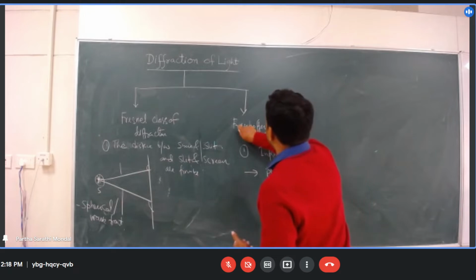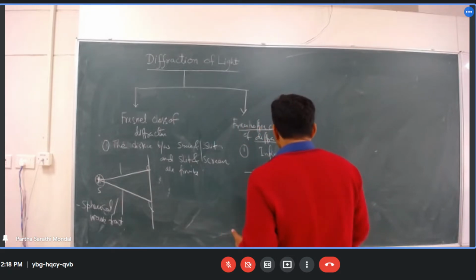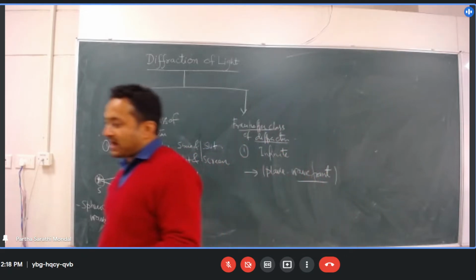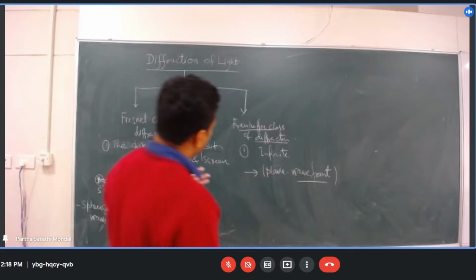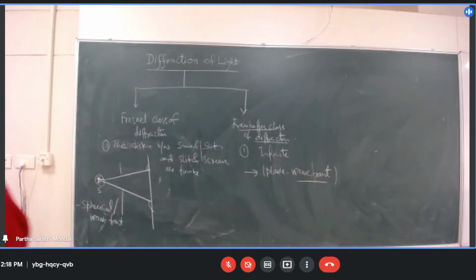So if you want to see the Fraunhofer class of diffraction pattern, you need to have a plane wavefront. Actually, this diffraction pattern was first observed by Fraunhofer using sunlight. He showed that there is a diffraction pattern of sunlight.